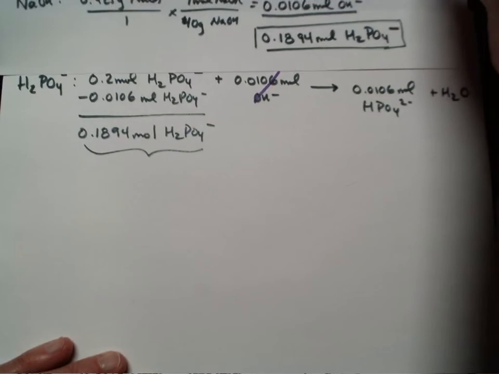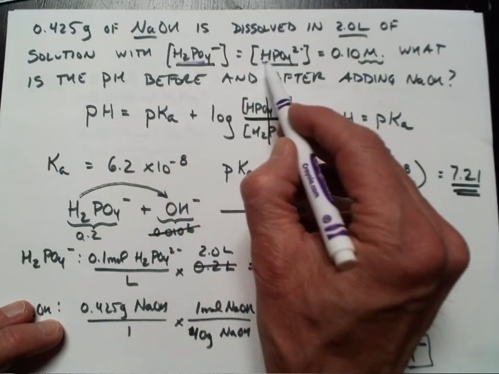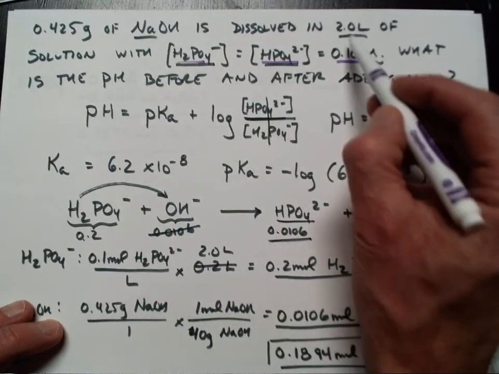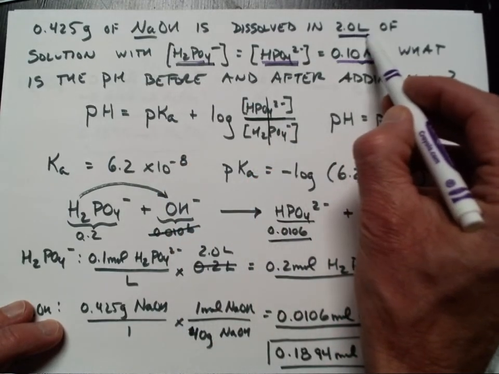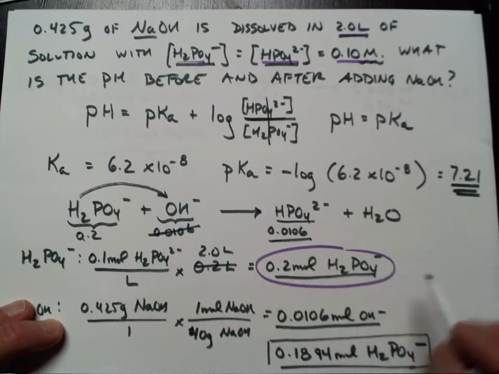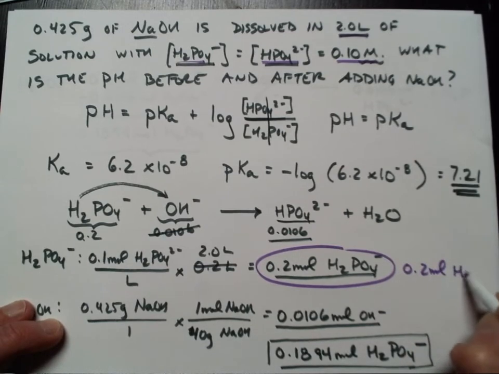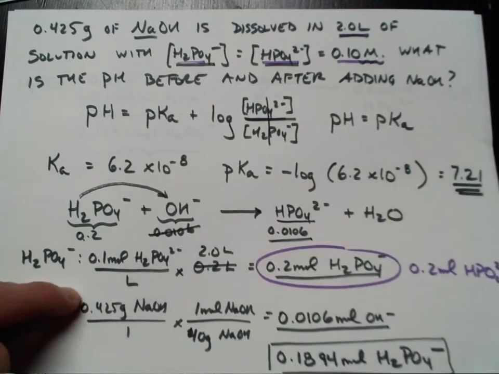Now I have, because my concentration of the acid and the conjugate base are both 0.1 molar, and they're both in 2 liters of solution, 0.2 moles of hydrogen phosphate and 0.2 moles of dihydrogen phosphate that I start with.